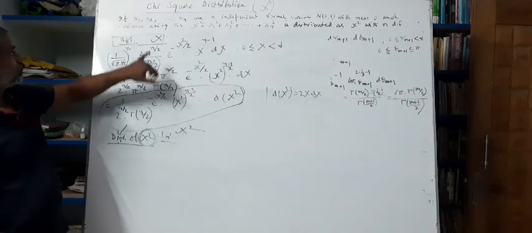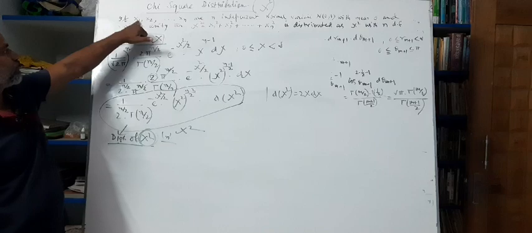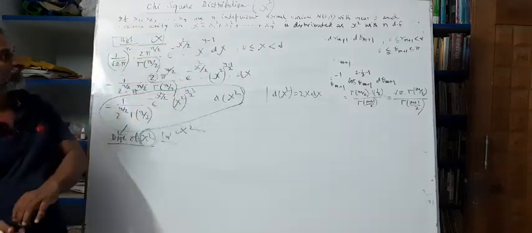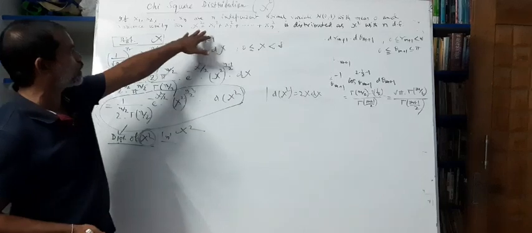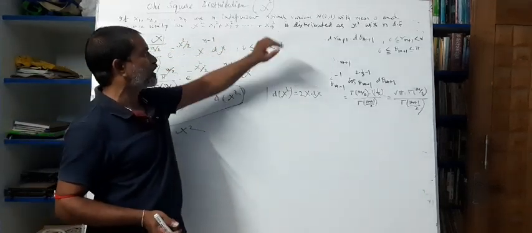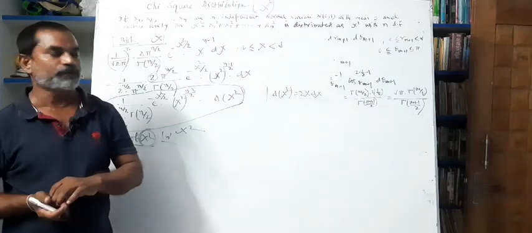So the statement says if x1, x2, xn are n independent normal variates with mean 0 and variance 1, then chi square equal to x1 square plus x2 square plus dot xn square is distributed as chi square with n degrees of freedom.